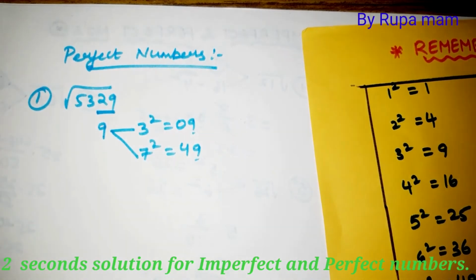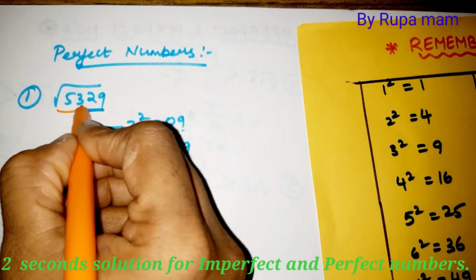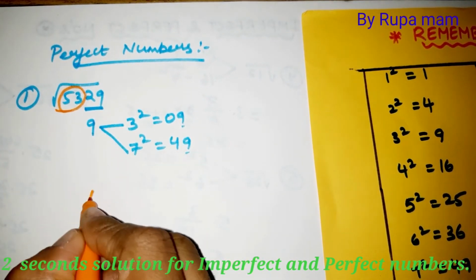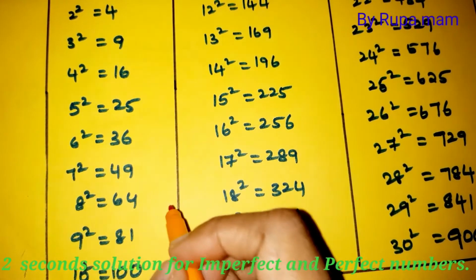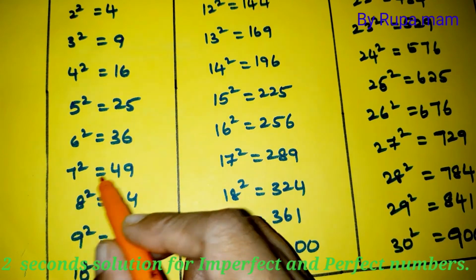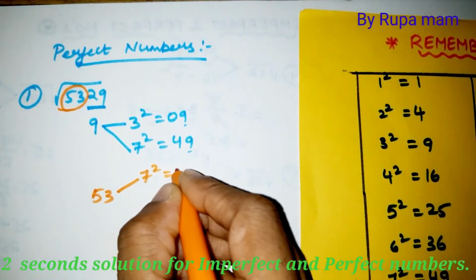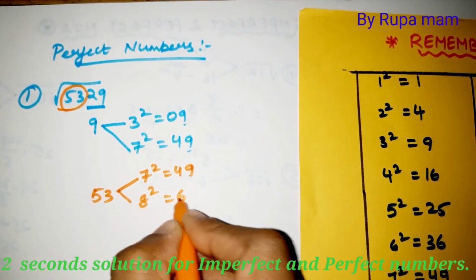Then see this remaining 53. You underline this 53. 53 is present in which squares? 53 is present between 7 square and 8 square. That means write down 7 square 49 and 8 square is 64.